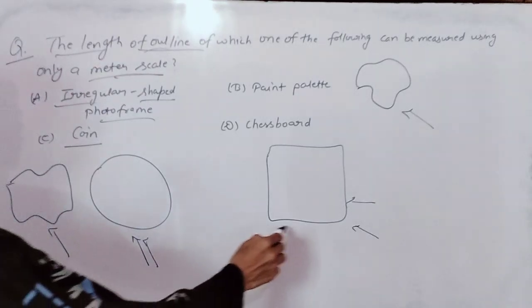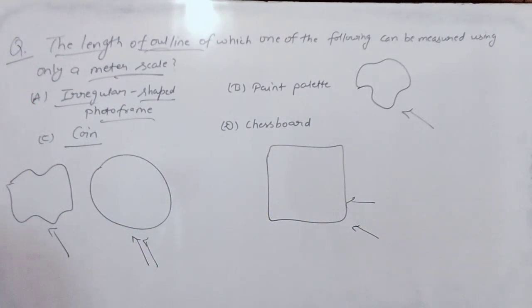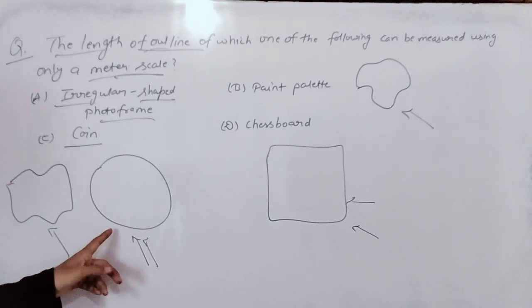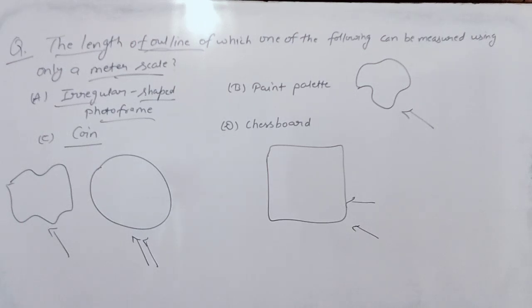Why? Because the outline is straight. Here the outline was a circle. That's why you will not be able to measure this by using a scale. Now next question.